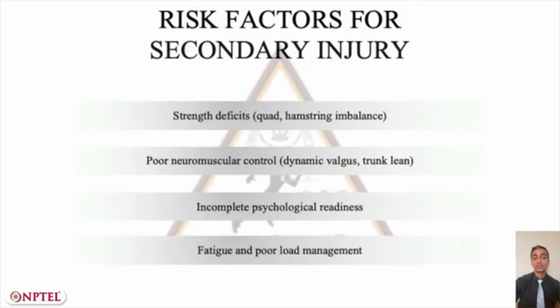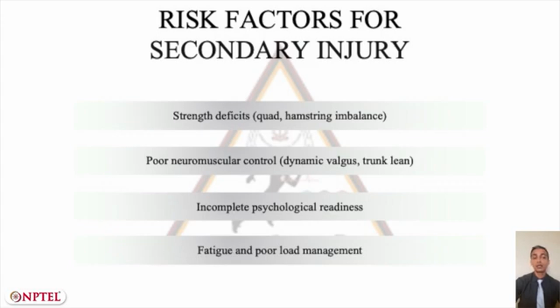Quadriceps or hamstring deficits remain even after clearance to play. Poor neuromuscular control, such as valgus collapse or trunk leaning, predisposes the knee to overload. Psychological fear can alter movement mechanics.